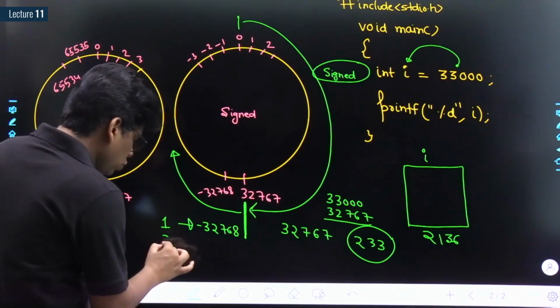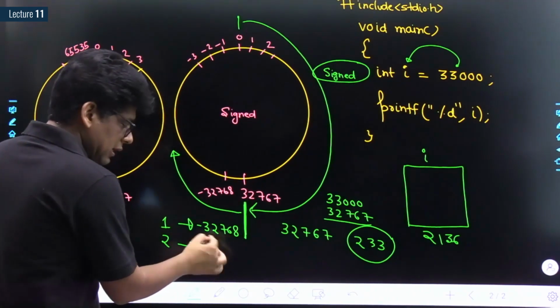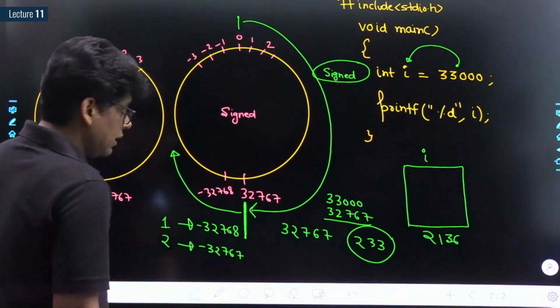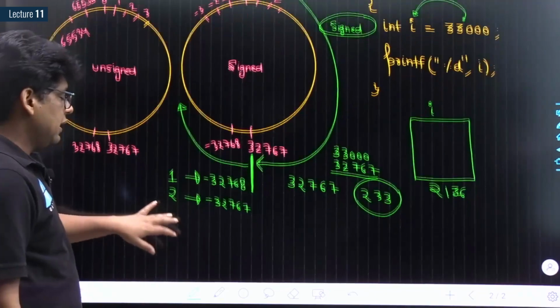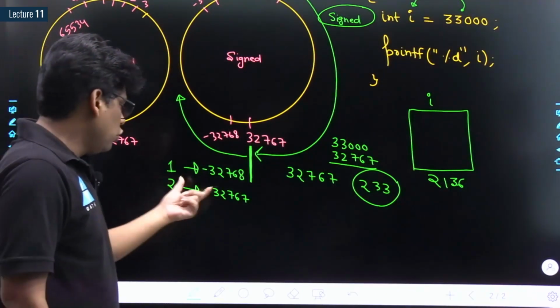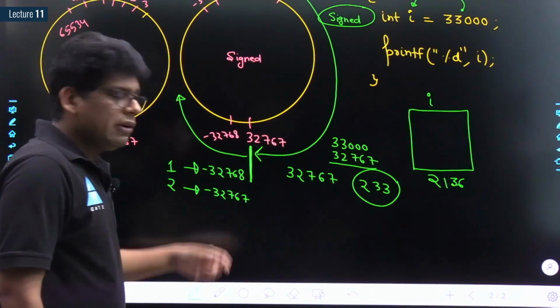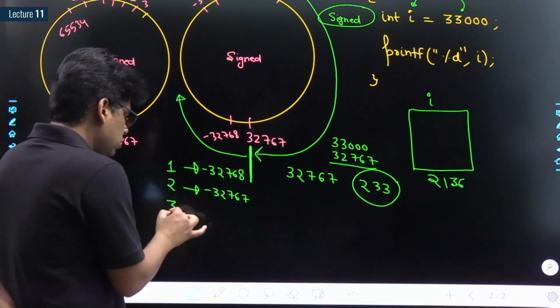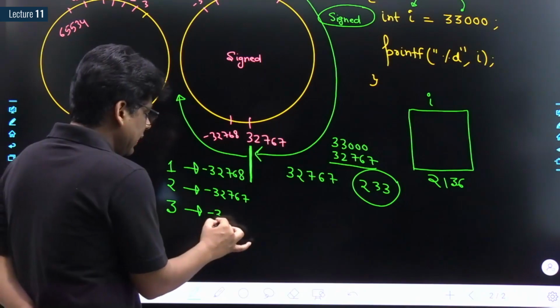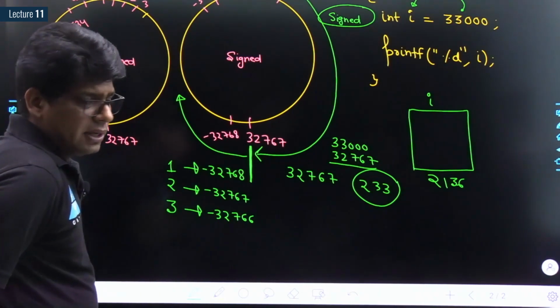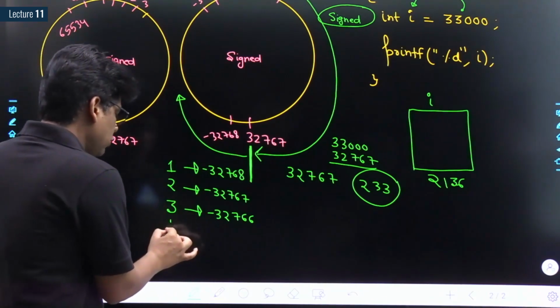If we count 2 more, we get minus 32767. If we count 3 more, we will get minus 32766.